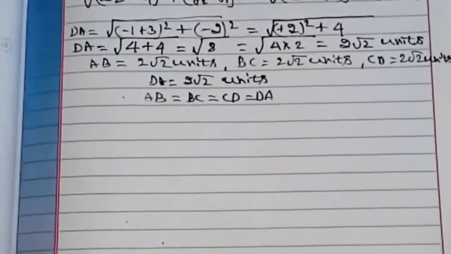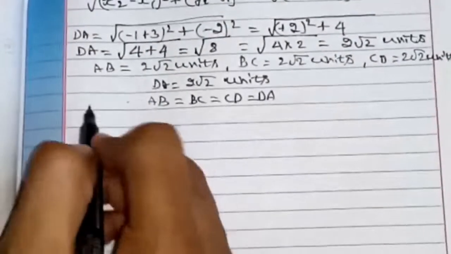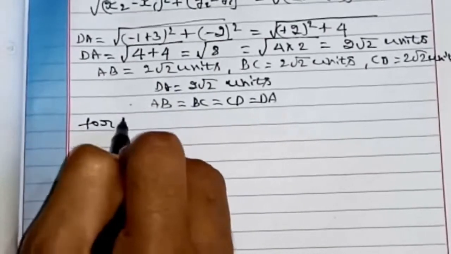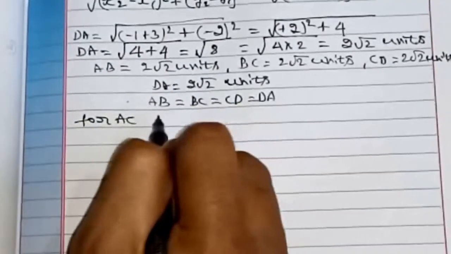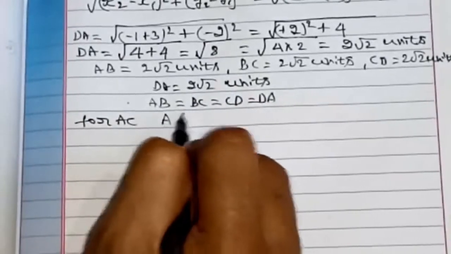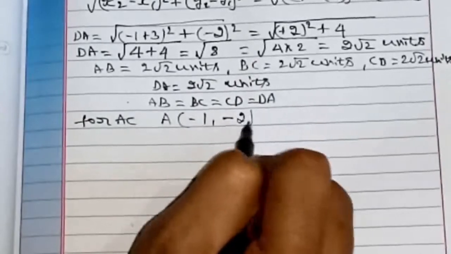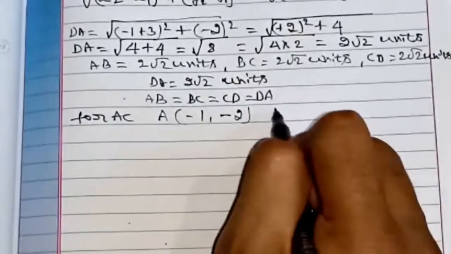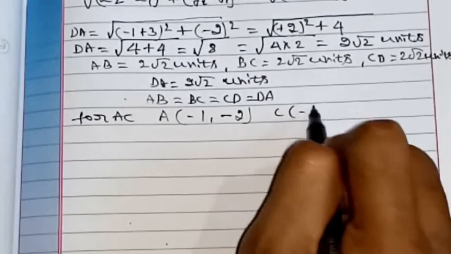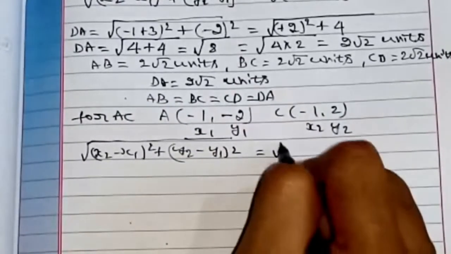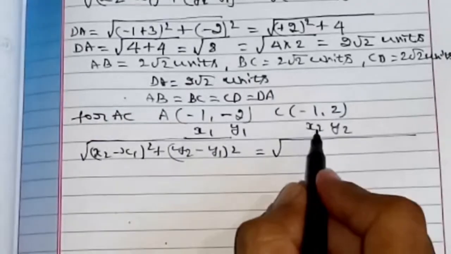So let me find the distance between A to C first. For AC, what are the coordinate points? A of -1 comma -2 and C of -1 comma 2, right? Now apply the values here. What is x2?